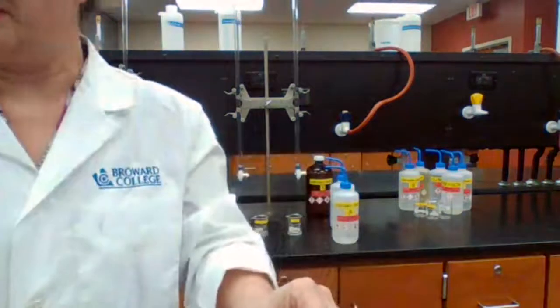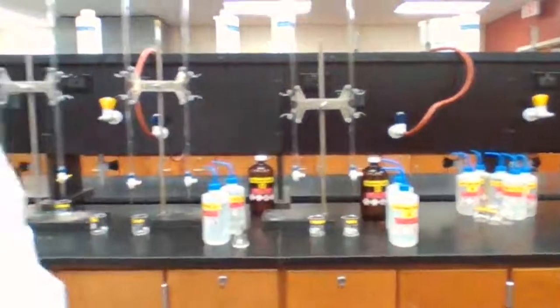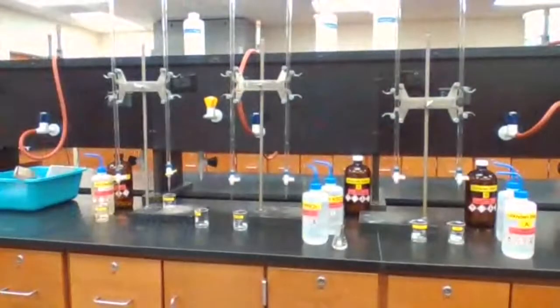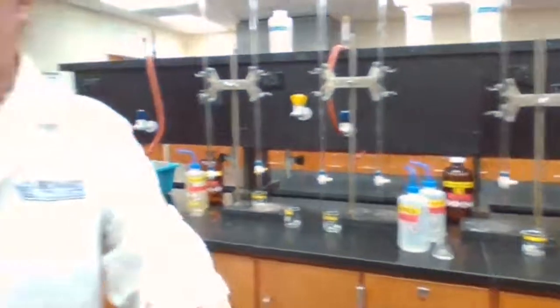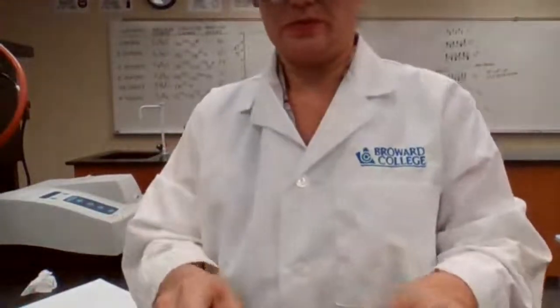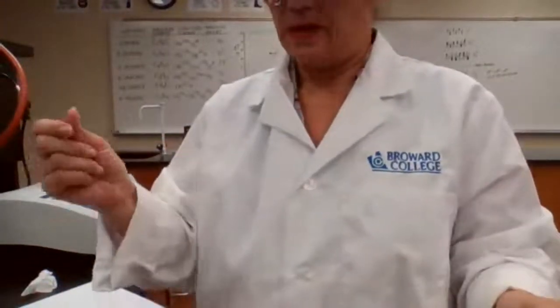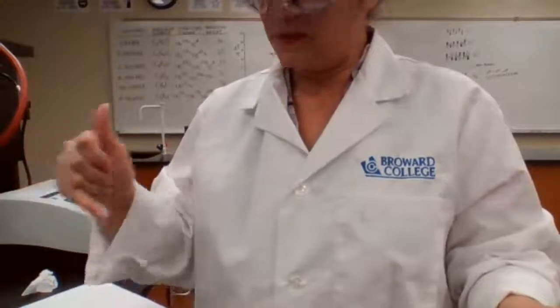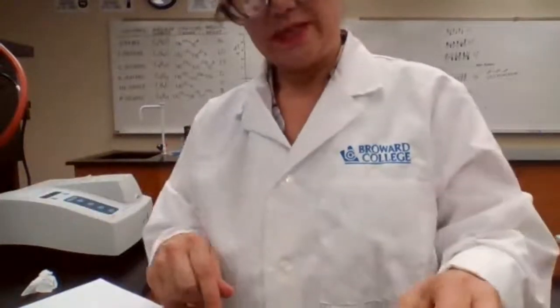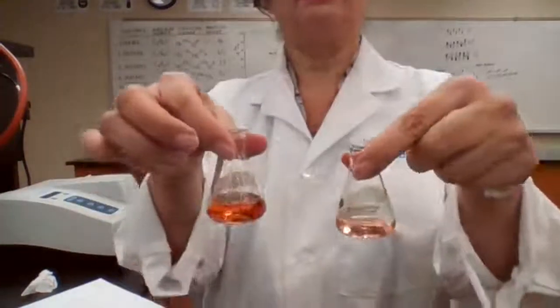My unknown A and B ready. Unknown A, I started at 2:10 and I have to wait to 2:15 to use the unknown. For unknown B, 2:13 to 2:18. Which one has higher concentration?